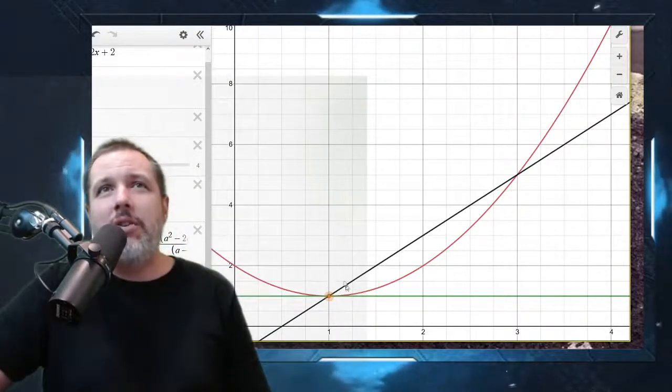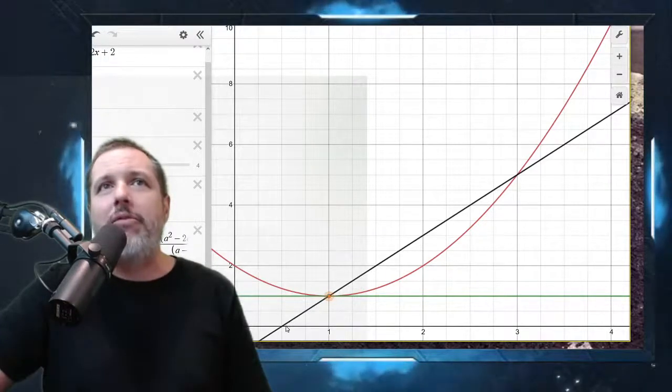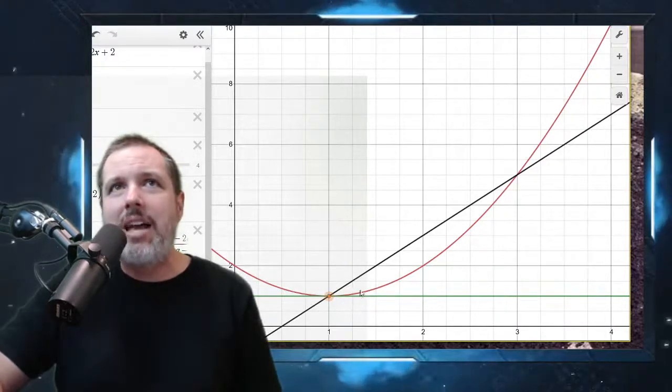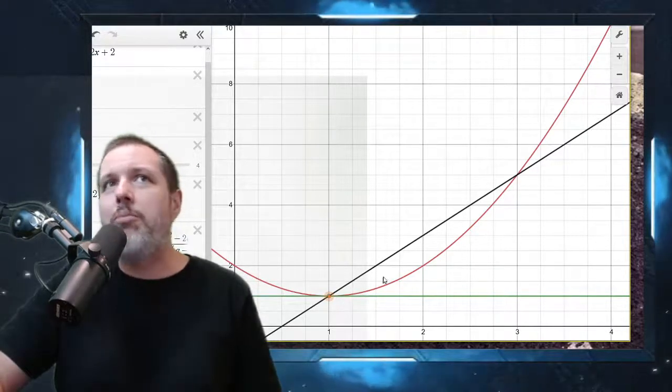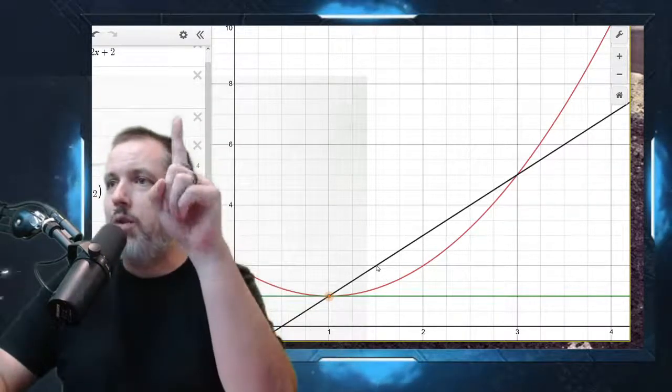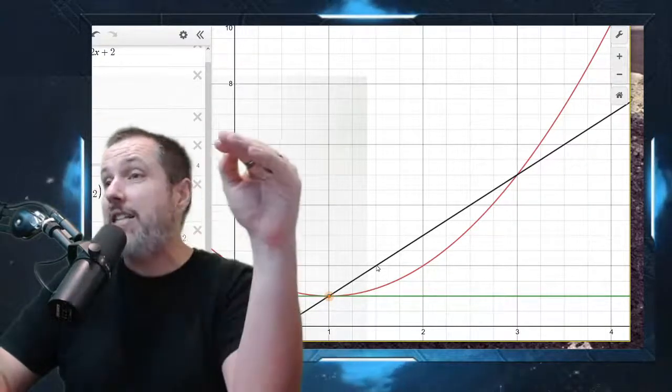But you could say, well, right around 1, it's only crossing the graph in one place, but it doesn't really act like the graph. It's like slicing through it. Whereas this green line, we could say, acts like the red curve at this point, but the black line doesn't. So it's that you only touch the graph at one point, but also your line is acting like the graph.